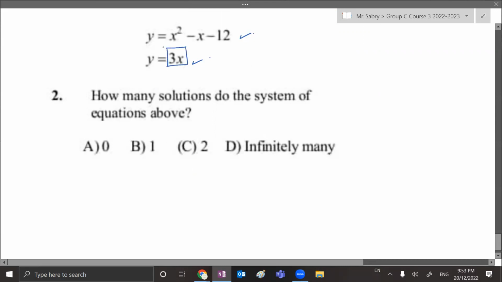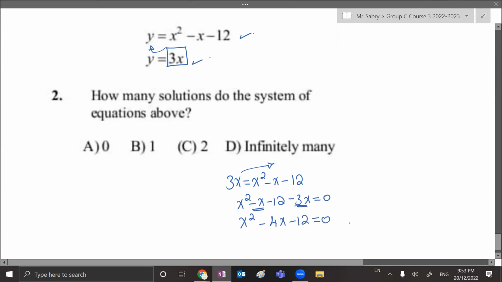He said that y is equal to 3x. I'll substitute. I'll say that 3x is now equal to x squared minus x minus 12. Since this is a quadratic equation, I'll move everything to one side and make it equal to 0. Like terms together, so I'll have the negative x along with the negative 3x. That's negative 4x minus 12 equals 0.